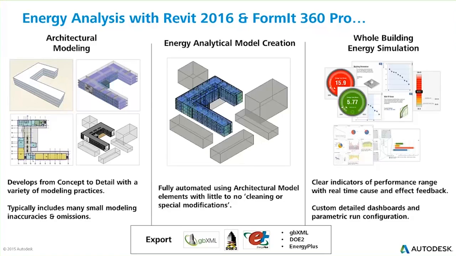This then allows you to conduct whole building energy simulation, which helps provide you with an indication of performance, particularly at those early stages when you're making decisions about building form, things like orientation, shading, key architectural decisions that have an impact on building performance. We can provide early indicators to show the impact of those decisions, as well as do early targeting and feasibility on other aspects of building performance and energy use.